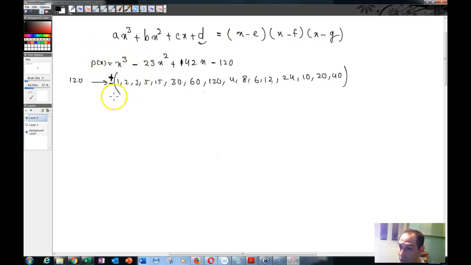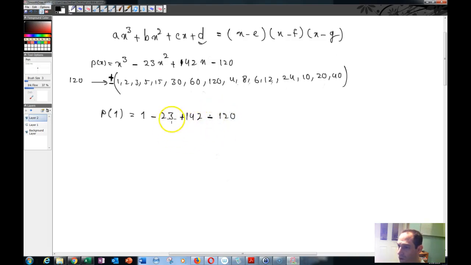So then, for example, p of 1 would be equal to 1 cubed, which is equal to 1, minus 23 times 1 squared, so minus 23, and 142 times 1 is equal to positive 142, minus 120.